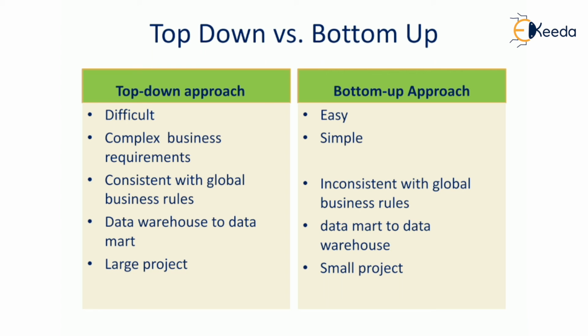In the top-down approach, first the data warehouse is constructed and then we go for the data marts. Whereas in the bottom-up approach, data marts are constructed first and then the data warehouse. Usually for a large project, the top-down approach is preferred and for a smaller project, the bottom-up approach is preferred. Thank you.